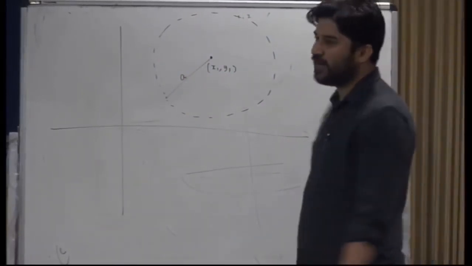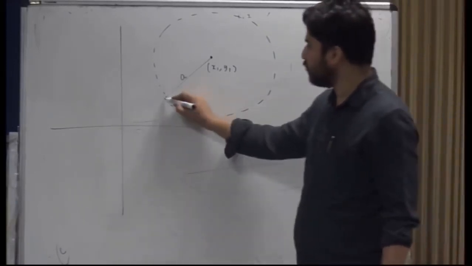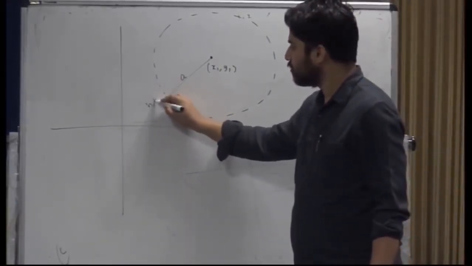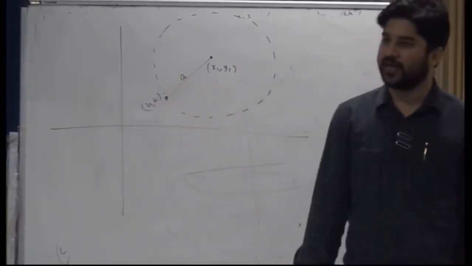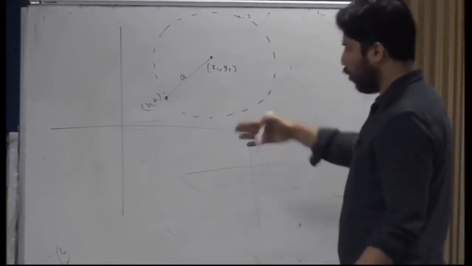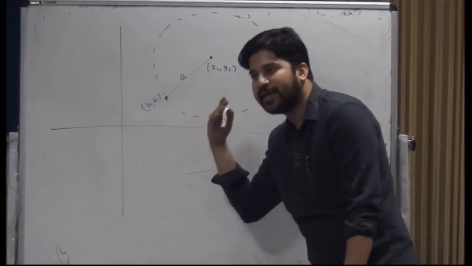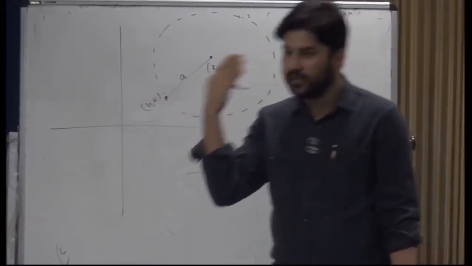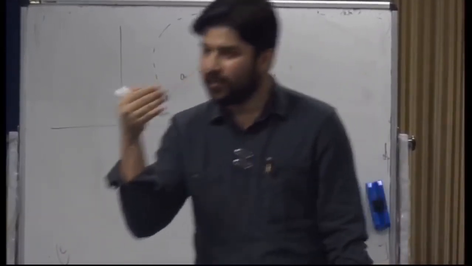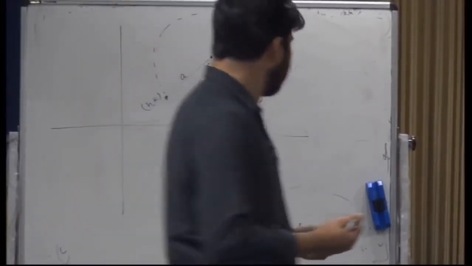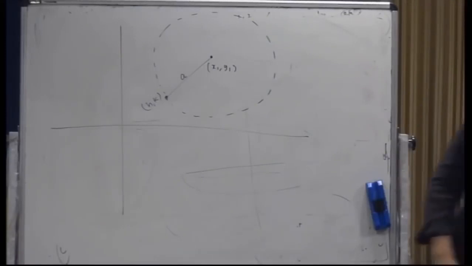Now let's say I have to write the algebraic locus, so I have to take the moving point as h comma k, right? And then what geometrical idea do we have between 2 points, the distance? (h minus x1) whole square plus (k minus y1) whole square is equal to a square, right?